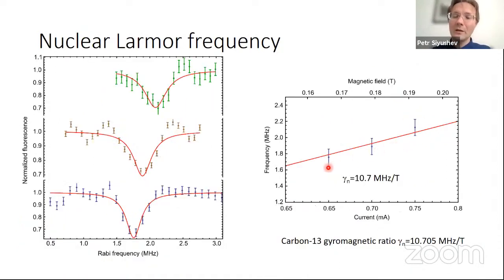From here, we can derive the slope and find that the gyromagnetic ratio of this nuclear spin is 10.7 megahertz per Tesla, which coincides pretty well with the carbon-13 gyromagnetic ratio. That's logical because there are not so many other nuclear spins in the surroundings.